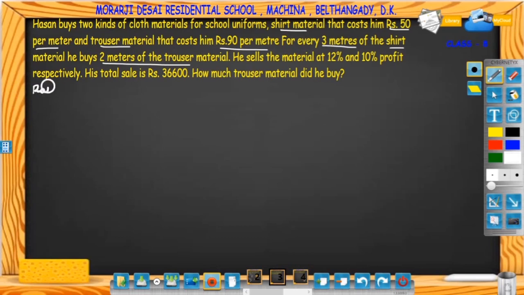If he buys 3 meters of shirt material, he buys 2 meters of the trouser material. For every 3 meters of shirt material, he buys 2 meters of trouser material. Means the ratio of shirt material and trouser material is 3:2.